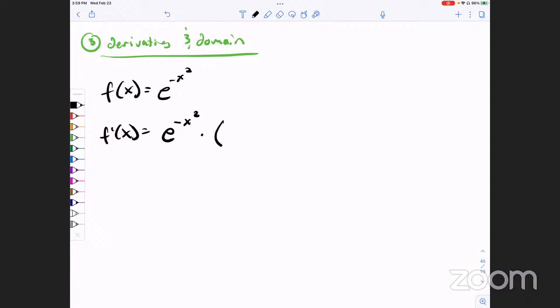So that's going to be times a negative 2x. I'm just going to rewrite this. So we get negative 2x e to the negative x squared. Right? So this is our f prime that we got. So then let's go ahead and find the second derivative.